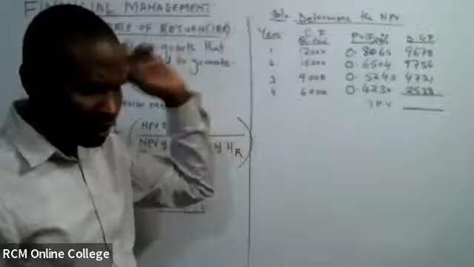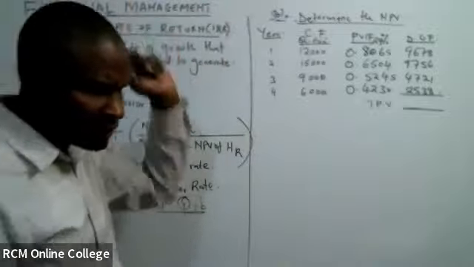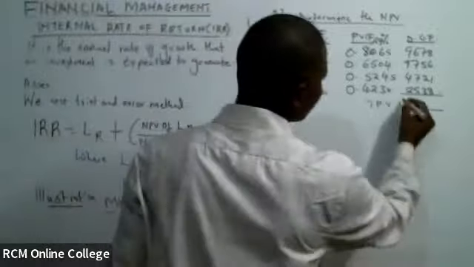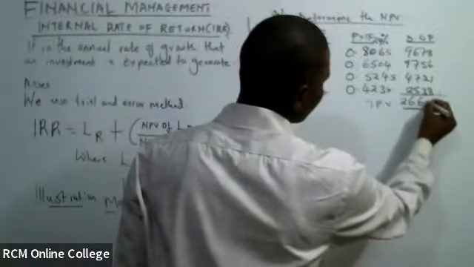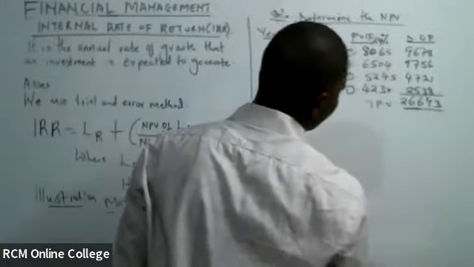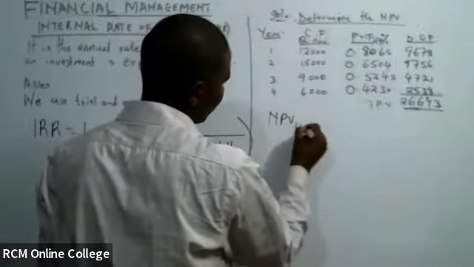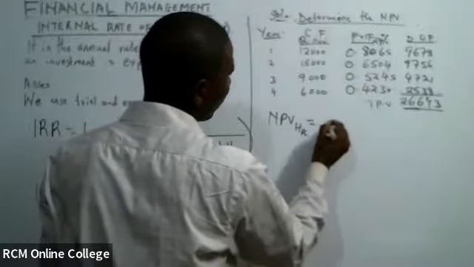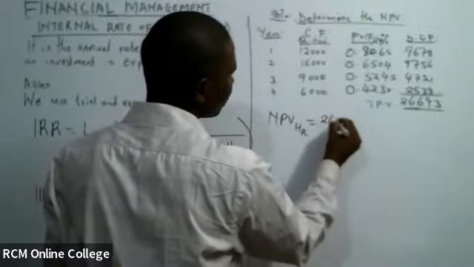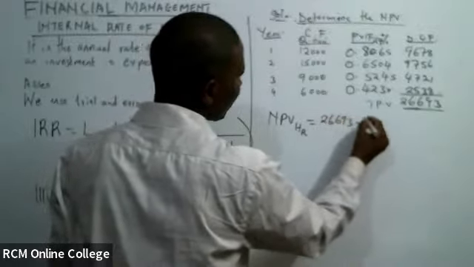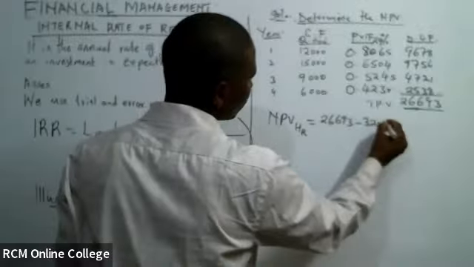Hiyo speed ni muhimu. 26.693. Great. Now we get the NPV using the higher rate. Itakuwa 26.693 minus 32,000.